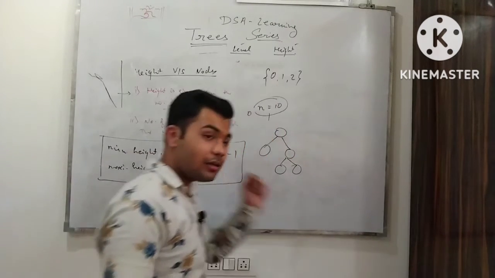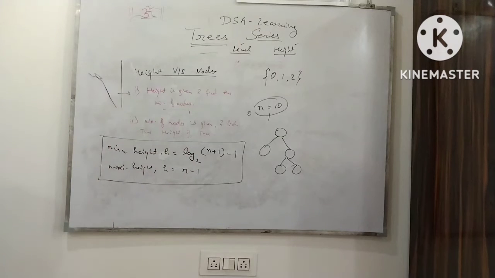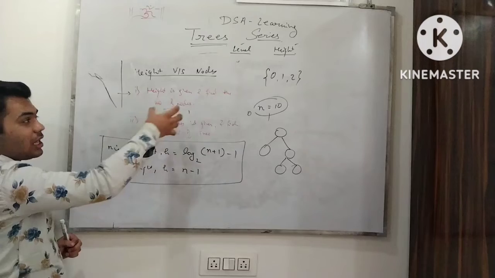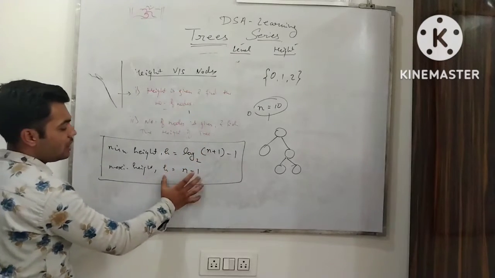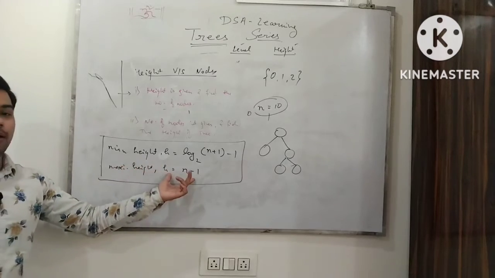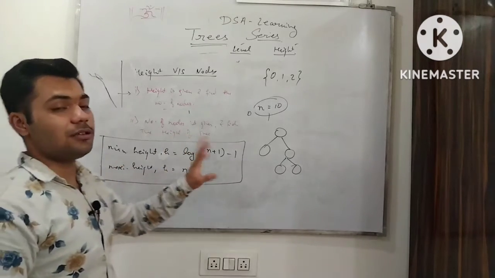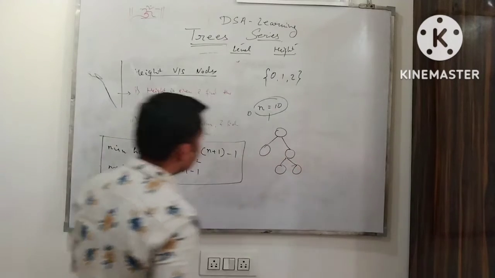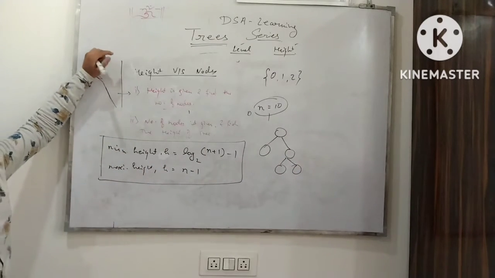One thing you should notice is that the formula for the minimum number of nodes in the previous case is equal to the formula for the maximum height in this case. The sign is also changed. Now this concept, height versus nodes, is completed.